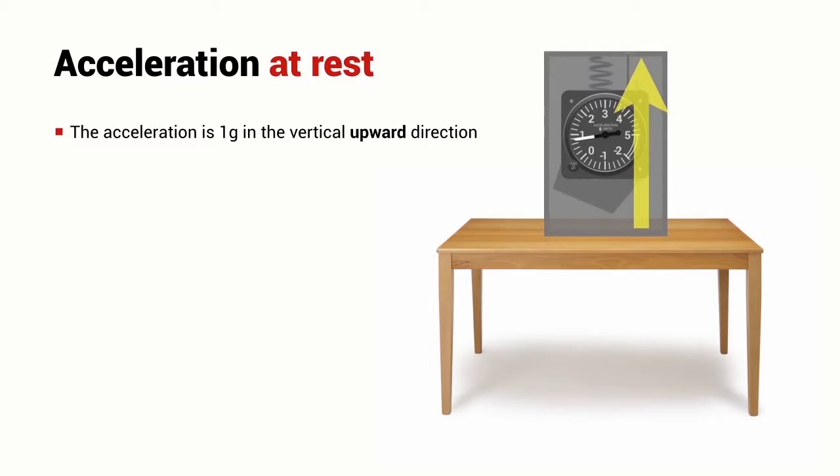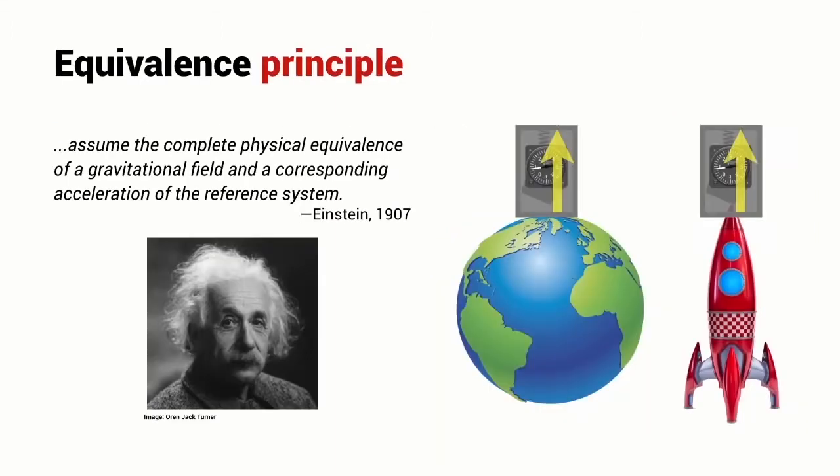This is a little bit counterintuitive because when we drop something, it's going to accelerate in the downward direction. An accelerometer at rest measures 1g upwards. This is a consequence of the equivalence principle. An accelerometer on the surface of planet Earth or an accelerometer mounted in a rocket accelerating upwards at 1g, both of them indicate an acceleration of 1g.